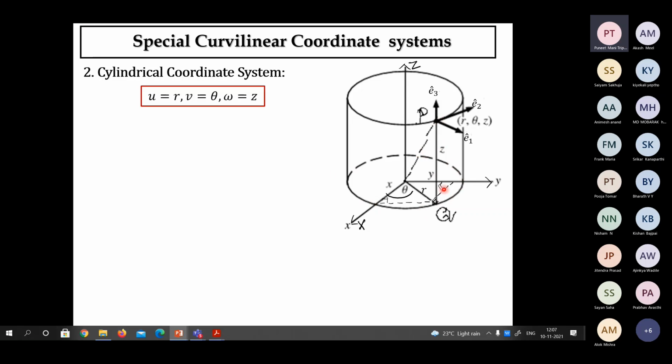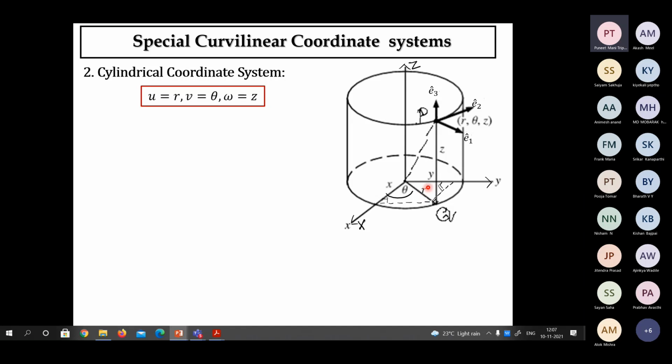This point Q is the projection of P on the xy plane. Join this projected point Q to the origin O. This OQ is r. In the cylindrical coordinate system, we use r, theta and z.